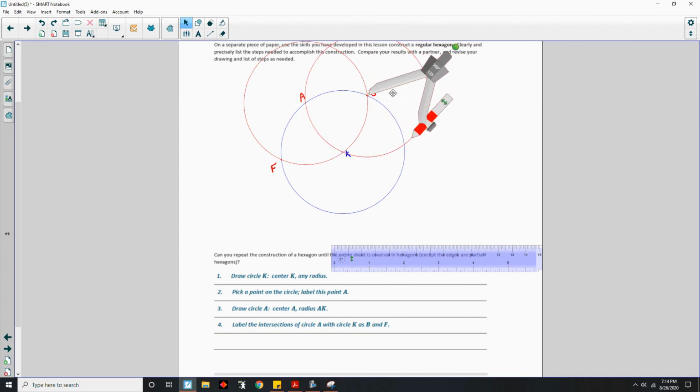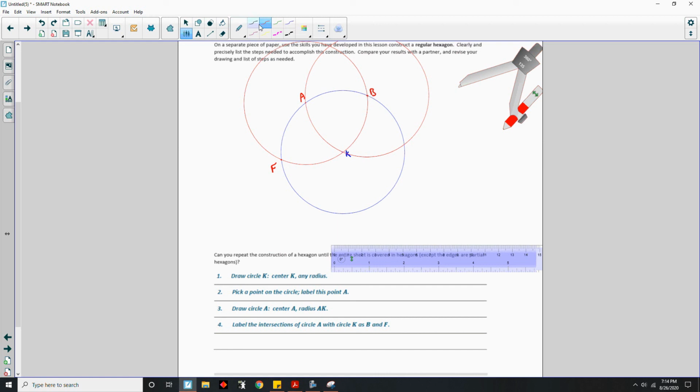Notice it goes right through K because all of these have the same radius. And now I have a new intersection with circle K. I don't care about this point out here. I'm going to call that C. So that's this point right here, and that is C.